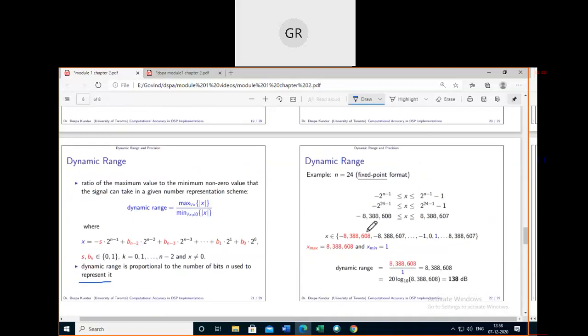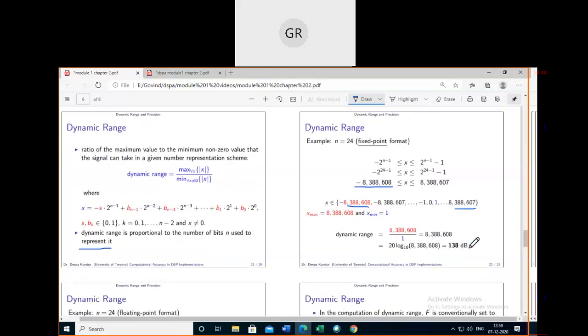Here, after substituting, we'll get the value minus 83,88,608 to 83,88,607. This is the negative value, and this is the most positive value.